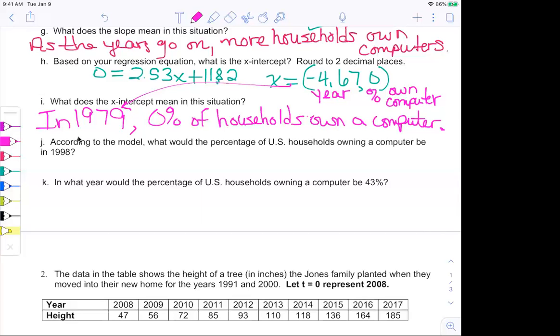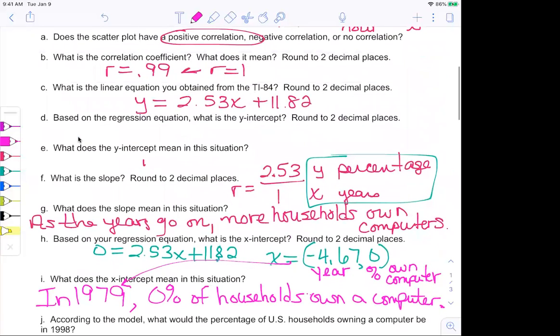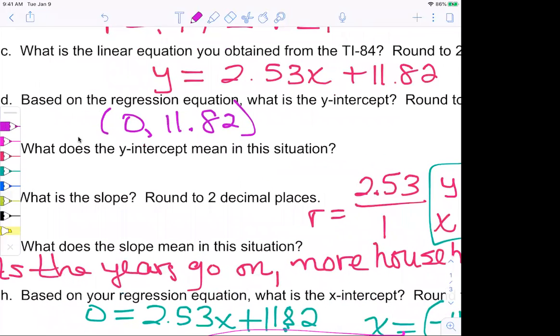I understand what the x-intercept means now. What about the y-intercept when x would equal 0? How is there a year 0? Yeah, that's a good question. Let's look at that right above. So the y-intercept is going to be (0, 11.82). Just like we said, this is the year and this is the percent.